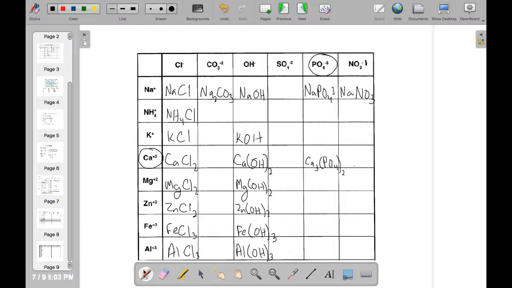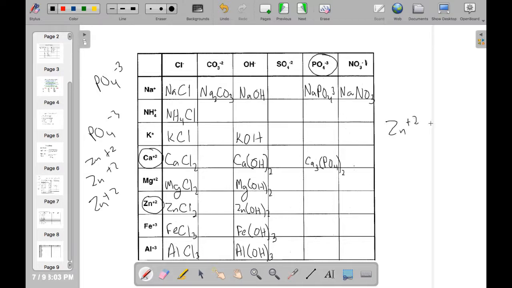Let's go down here and look at another one, zinc. Well, yet again, when in doubt, I got a zinc plus 2, phosphate, PO4 minus 3. If another zinc comes in, plus 2, that's only plus 4. Yet again, not going to work. Now I got 3 of them, 2, 4, 6. And yet again, just like the other one, or I could do the crisscross method.